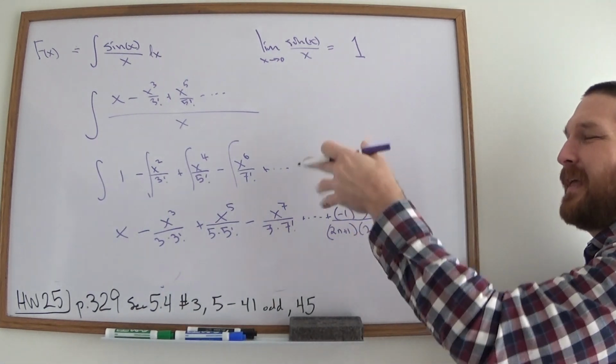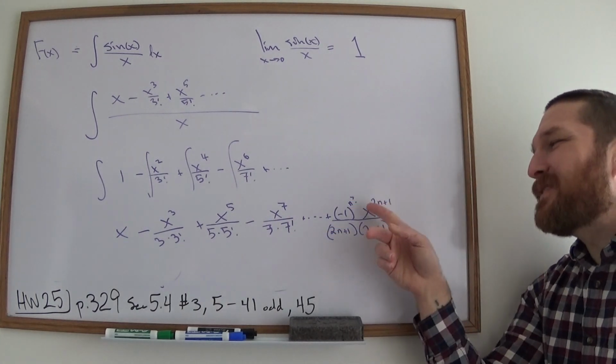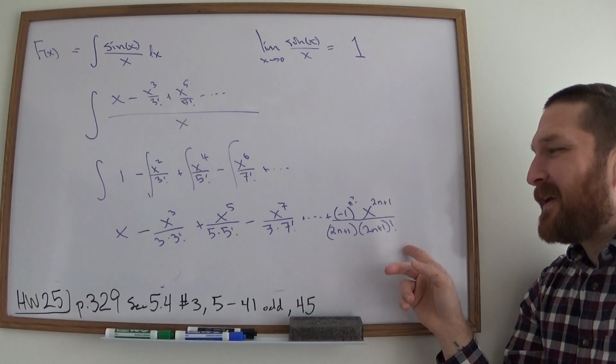And then it alternates, and maybe our n is off. Who cares? If it's off, we make it minus 1 to the n, because it starts at 0.